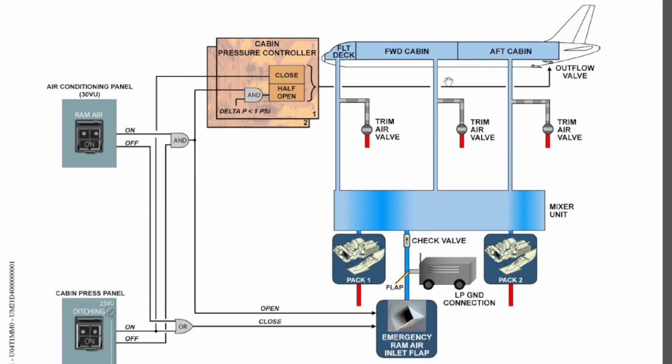Okay, and when the aircraft comes below 10,000 feet, and if this differential pressure is less than 1 psi, and at the same time the outflow valve mode selector switch in the cockpit is in the auto position, if the differential pressure is less than 1 psi, the outflow valve will automatically open 50%.